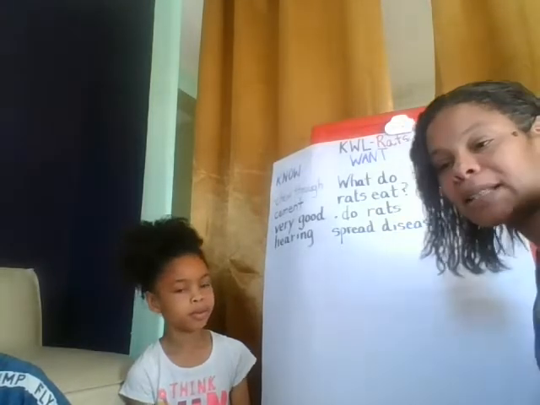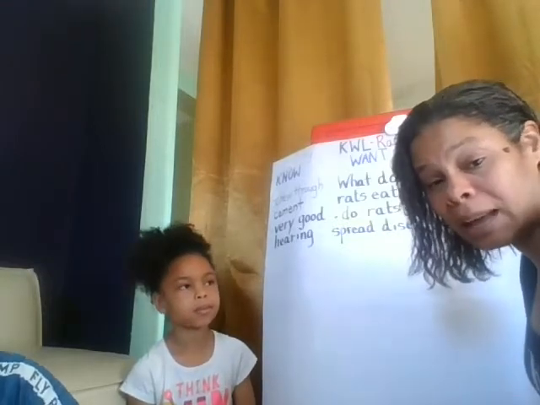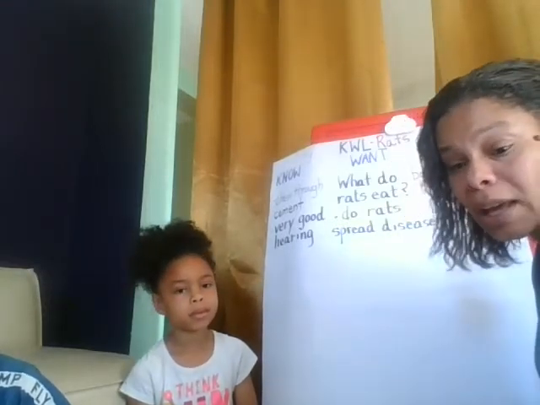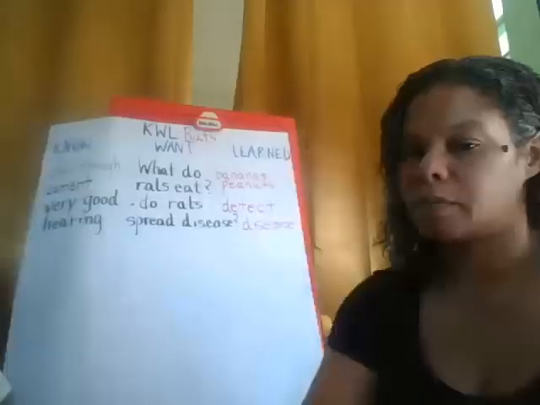Okay, so it seems like for doctors to detect if somebody has tuberculosis, it would take a really long time, but for rats, it would take a shorter time. Okay, so I'm going to write up here that they can detect or find disease.